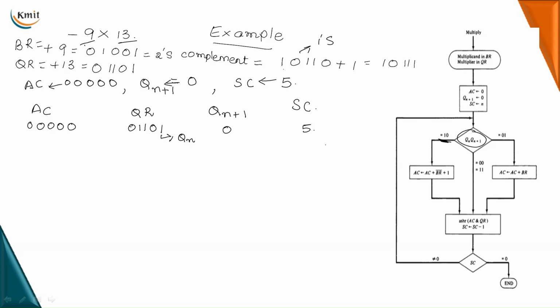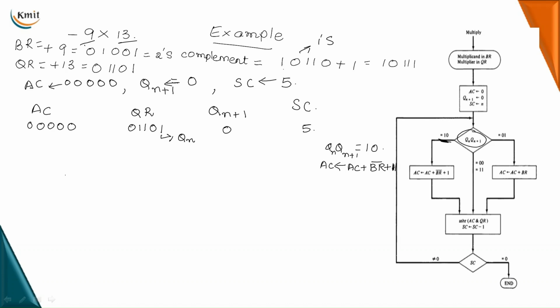So I am going to subtract the contents of AC and BR, which is done by means of AC plus BR complement plus 1.